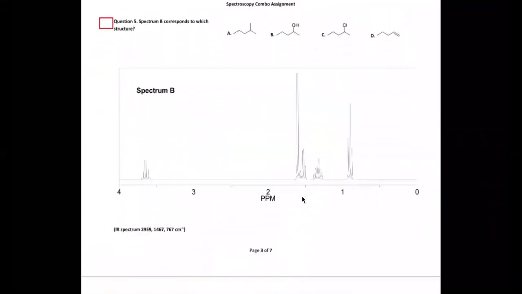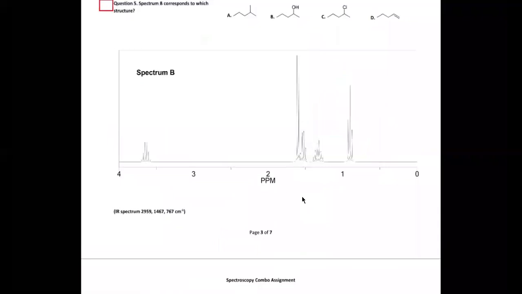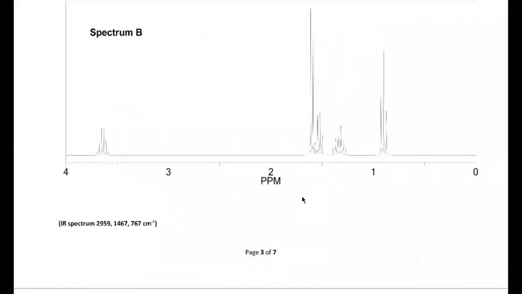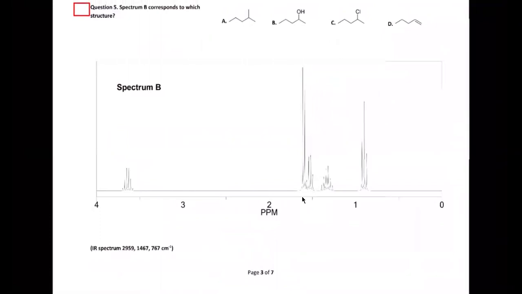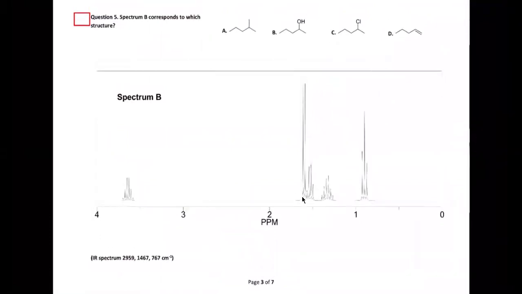For B, if you look at spectrum B, the infrared says we got stretches at 2959, 1467, and then 767. And if you look at spectrum B, we only have these three choices.